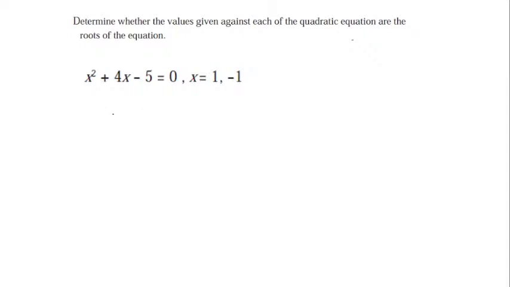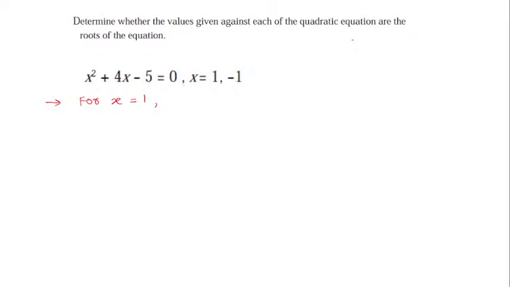We have to decide whether it is a solution or the roots of this equation or not. So to decide that, the first value of x is given to be 1. So for x is equal to 1, if we replace x in this equation by 1, and in that case if both these sides are satisfied, that means we get left hand side is equal to right hand side, in that case we say that it is a solution or it is a root.